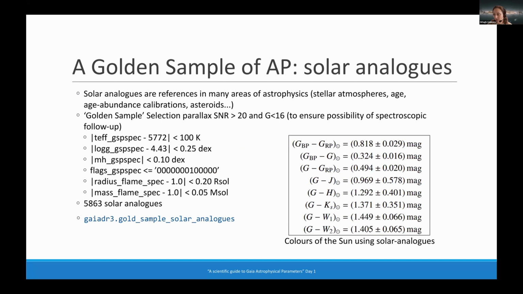Another example is using solar analogs. So there's a query here. You can have a look at this yourself. In the end, this was based on GSP-Spec temperatures and radii from FLAME. We have 5,863 solar analogs, and we've derived the colors of the sun using the solar analogs.